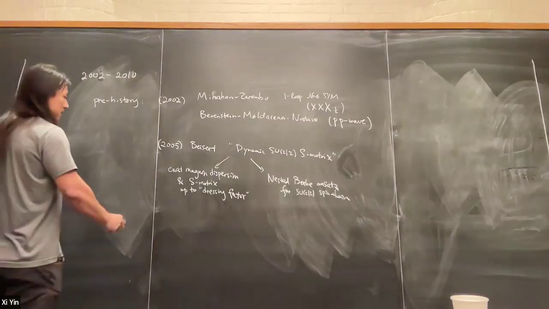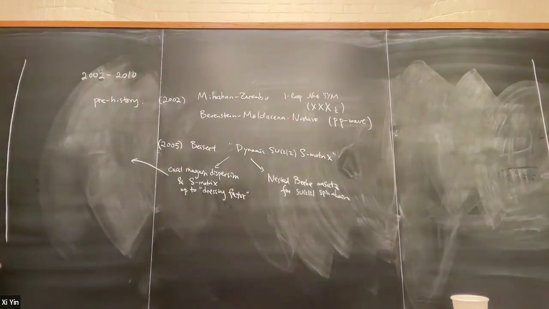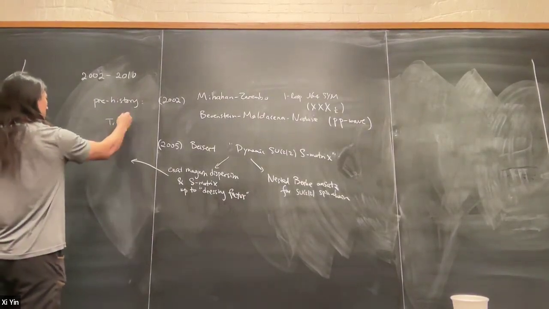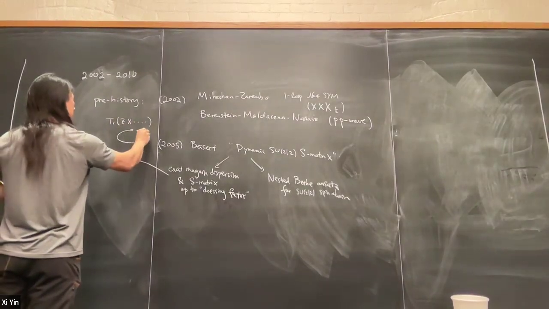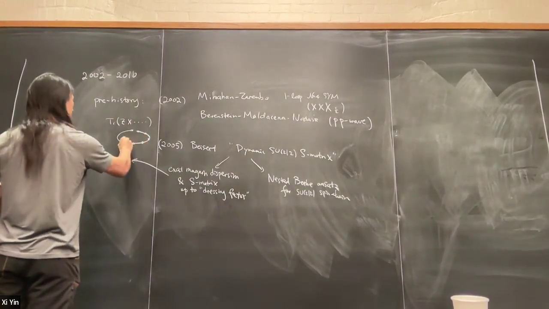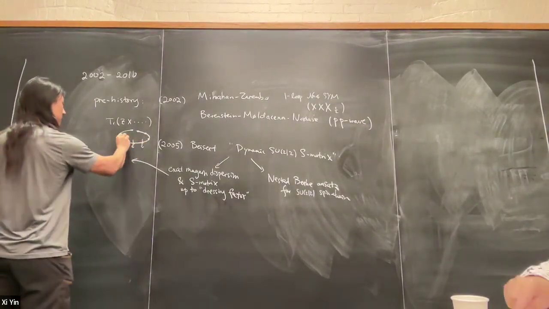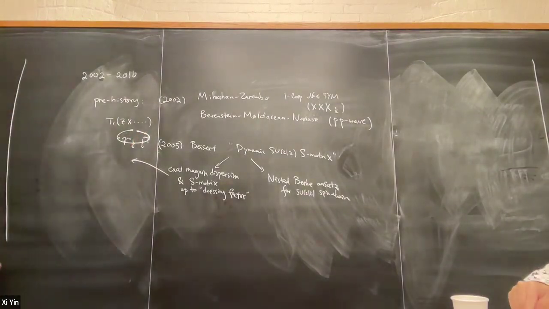So this thing about the magnon dispersion relation and this S matrix. Basically, the idea is that you have a single trace operator, a bunch of fields. You view this as a chain of spins, very roughly speaking, and we're going to look at the excitations, which are magnons propagating over a spin chain vacuum.